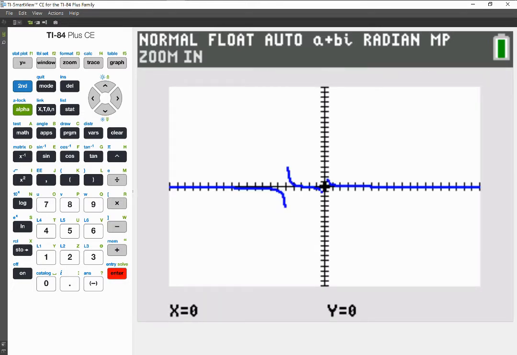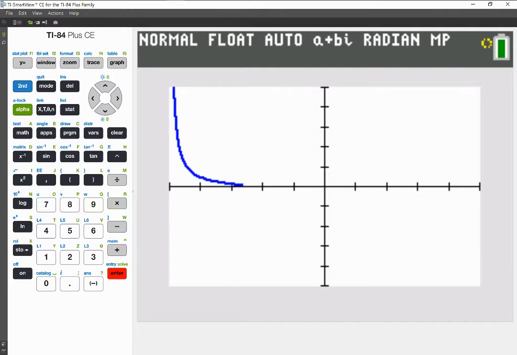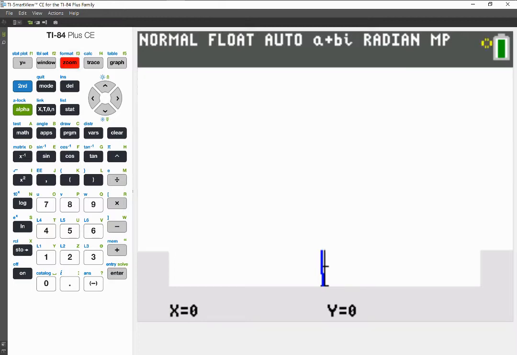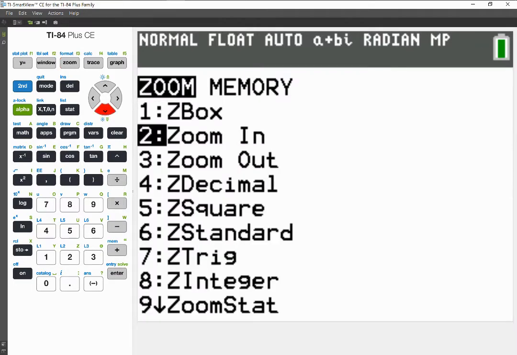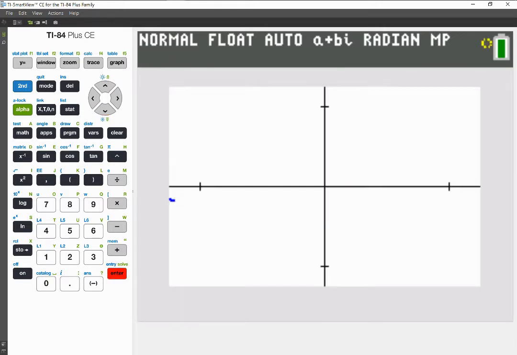Okay. So you might get a better picture this way. Or you can try zooming in on it and see what you get. Let's try to zoom in on it. I'm sorry, I'm zooming the wrong way.